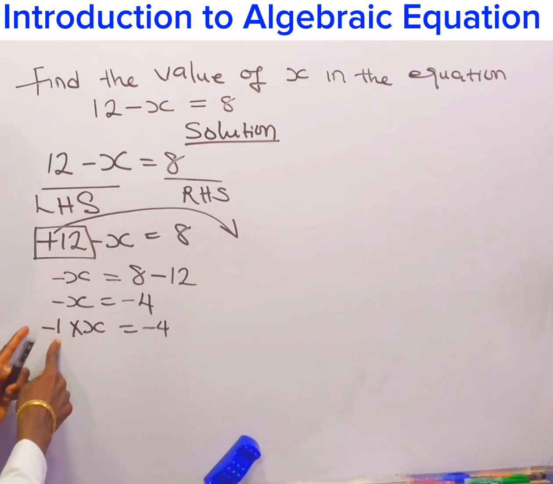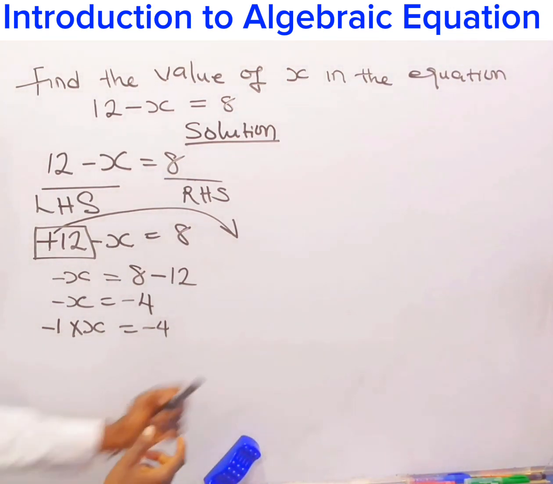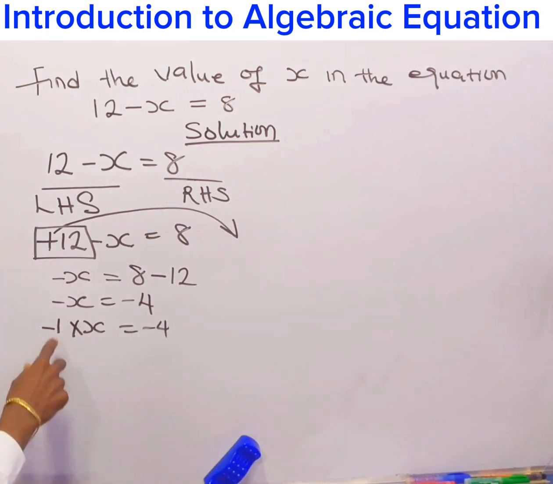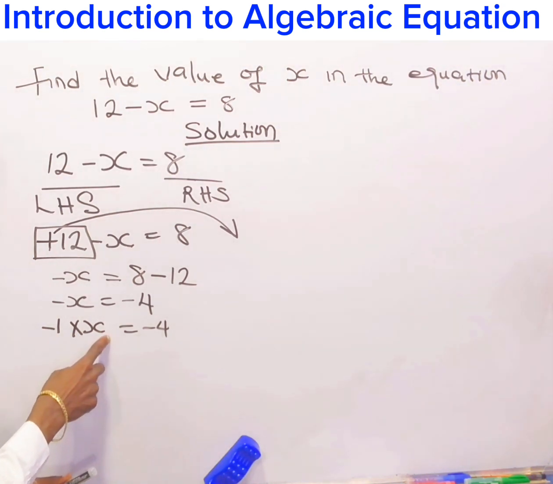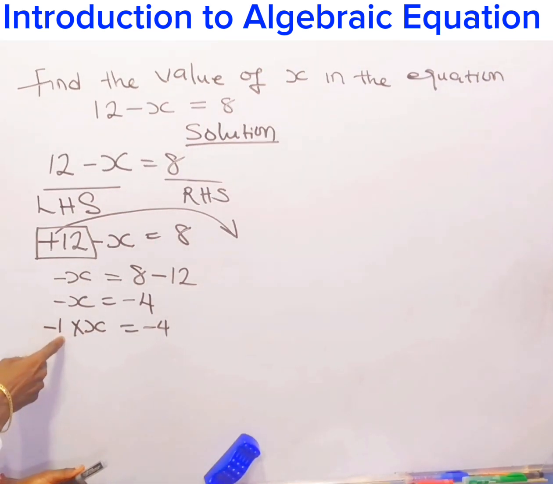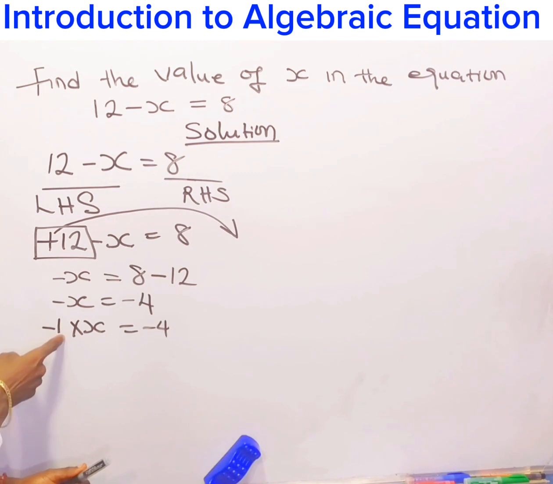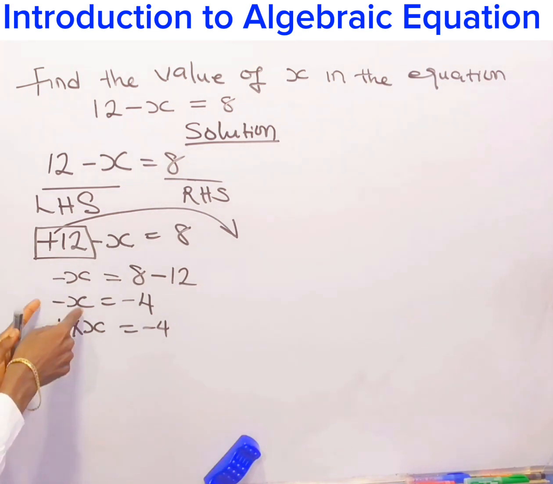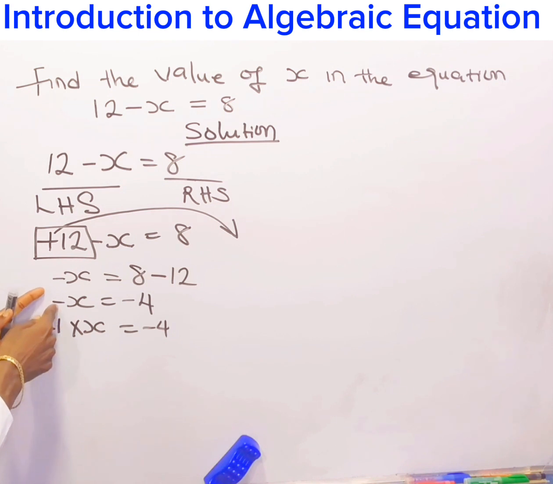Our question is -1 times x equals -4. So what do we multiply -1 times x with? The coefficient of x here, which is the number before x, is -1. The number before x here is the negative sign, which is the same thing as -1, because -1 times x is -x.